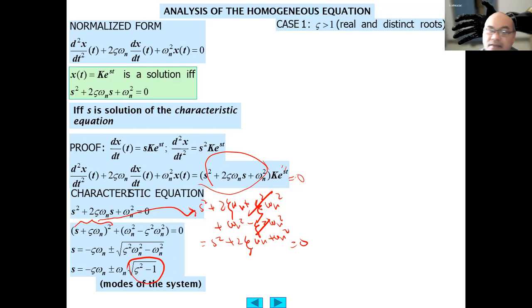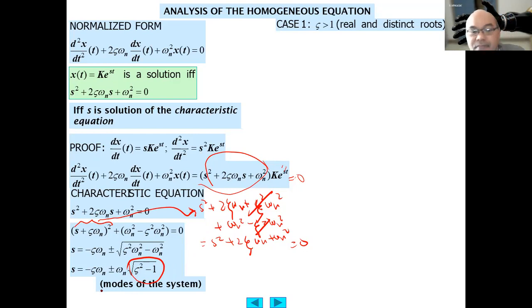We have two roots. s1 equals minus zeta omega n plus omega n times the square root of zeta² minus 1, which is a real number because zeta is larger than 1.